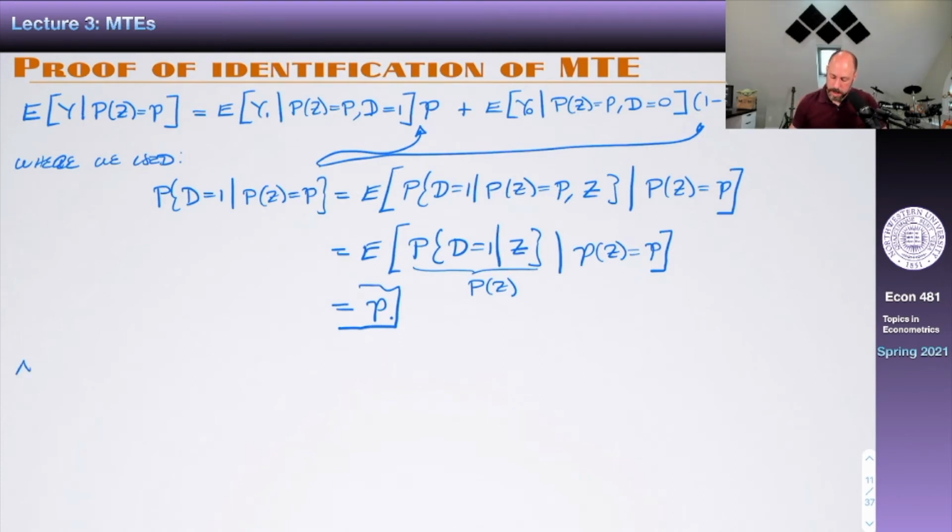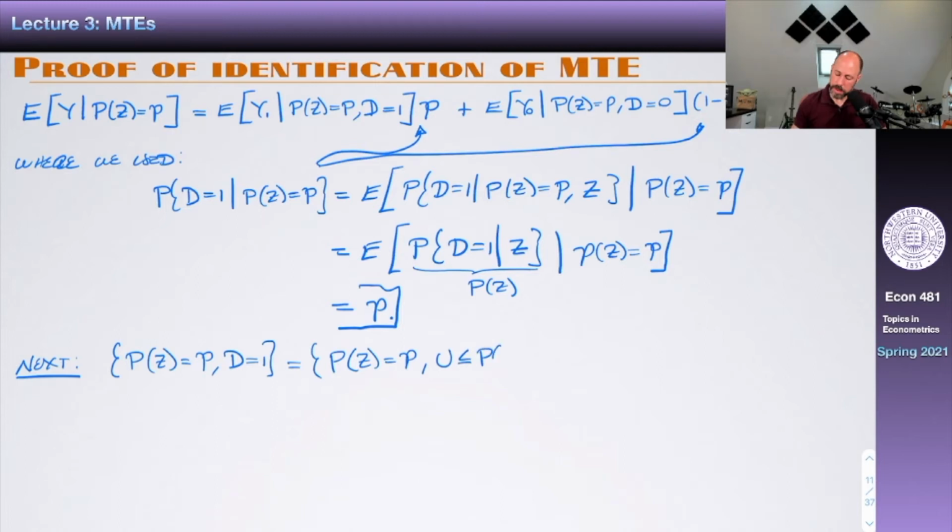Next, note that the event propensity score being equal to p, D equal to 1, using our model is, again, propensity score being equal to p, U less than or equal to the propensity score. Remember that B was equal to the propensity score in this notation.